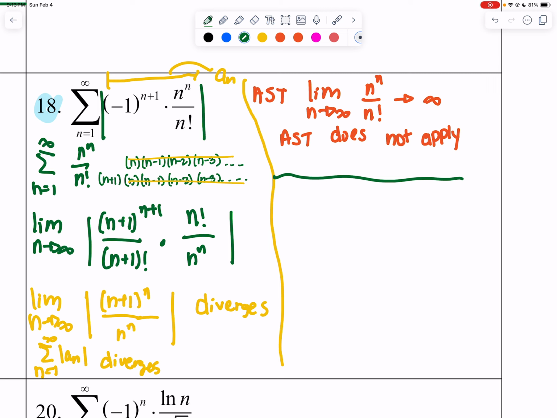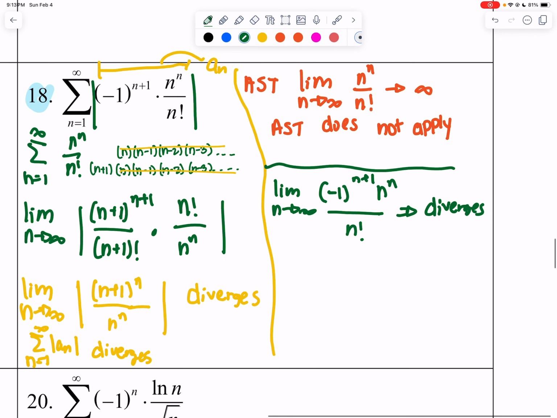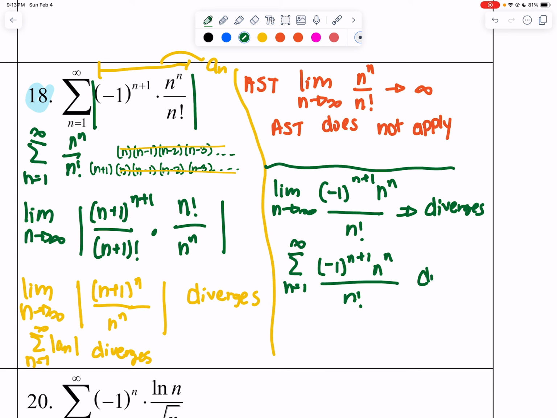In this case, I'm going to use the nth term test, because usually if the alternating series test doesn't apply, the nth term test will apply, because then we know that the limit will eventually diverge with the -1 to the n plus 1. Because this diverges right here, we could say that the series right here diverges by the nth term test.